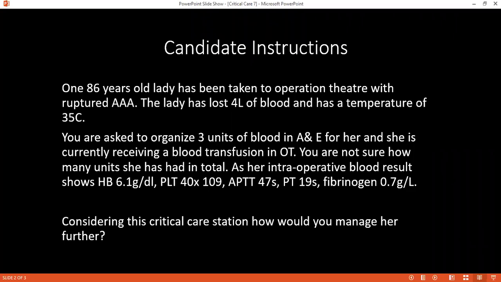Okay, so if you have read and understood, considering it a critical care scenario, kindly tell me how do you plan to manage this patient?